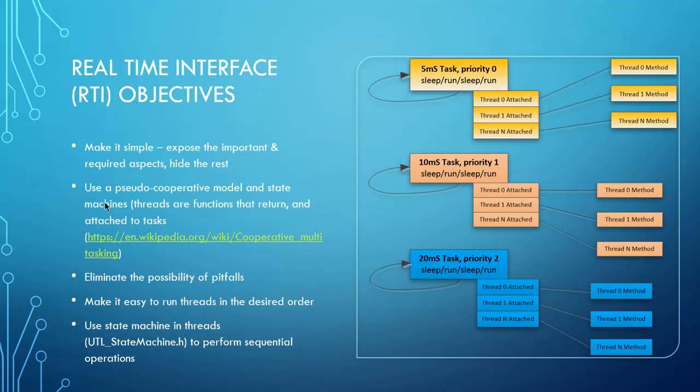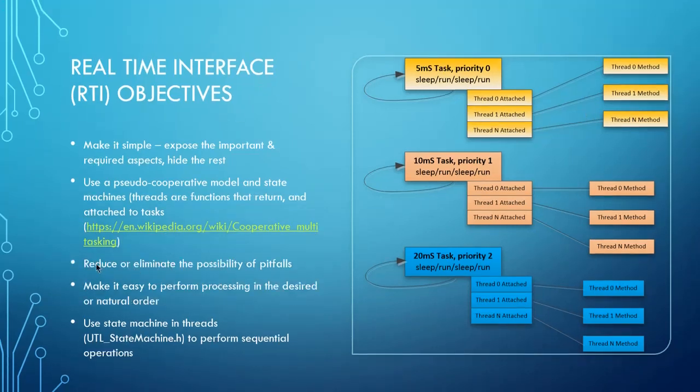So since we're using a cooperative model, we also need to be prepared to use state machines. In a cooperative model, since the function runs and returns, we may need to divide sequential operations up into steps. And that's where this utility, util_state_machine.h, comes in handy because it's a slick way of setting up state machines for this purpose.